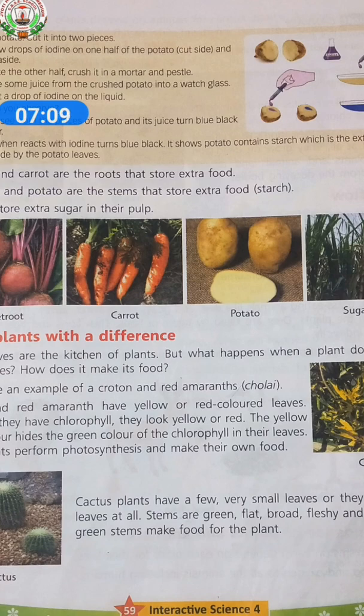What do you observe? You will see both the pieces of potato and its juice turn blue-black in color. Starch, when it reacts with iodine, turns blue-black. It shows the potato contains starch, which is the extra stored food made by the potato leaves.